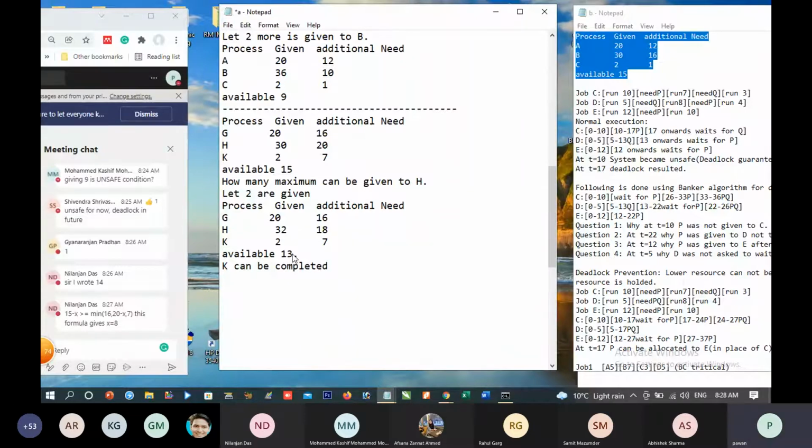Now we have 13 plus 2 equal to 15. Neither G nor H can be done.